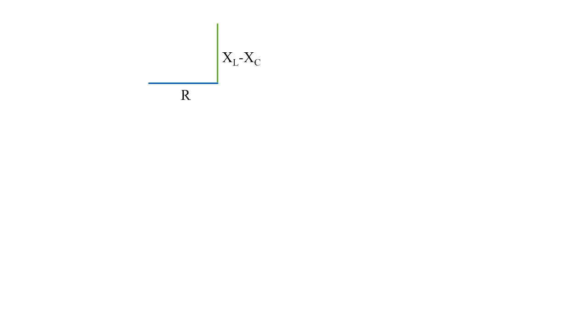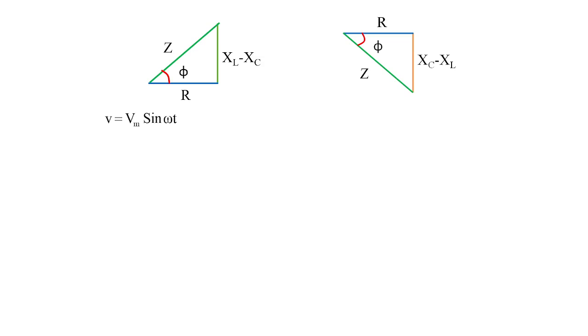So for the conditions of impedance triangle, this is how the triangle looks. This is for inductive reactance greater than the capacitive reactance, and this is for capacitive reactance greater than the inductive reactance.